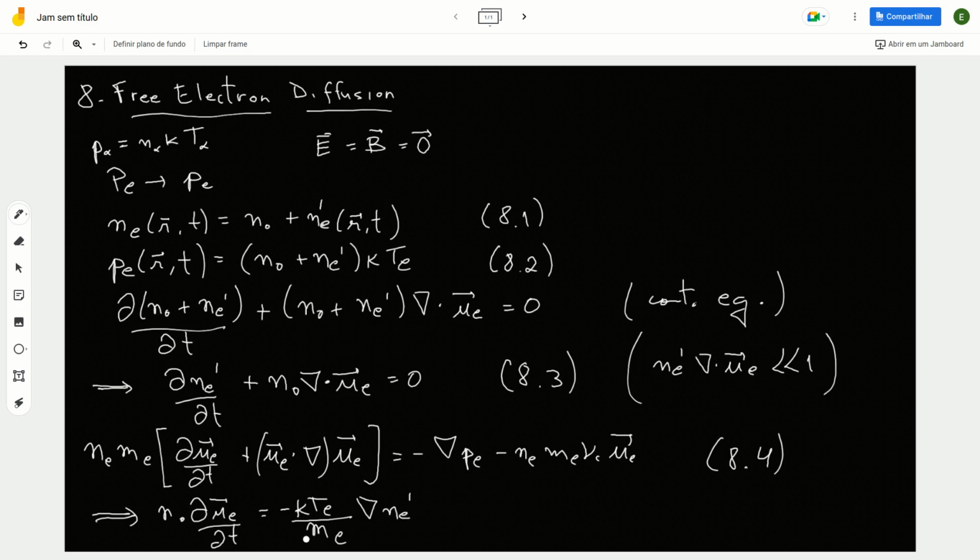These quantities are constant, so they can be written like here. And we have this for the collisional term, because n_e is n0 plus this, and this times this is 0. Actually not 0, but we drop it. It's a small quantity.